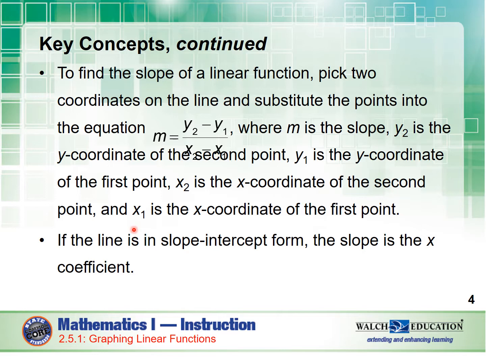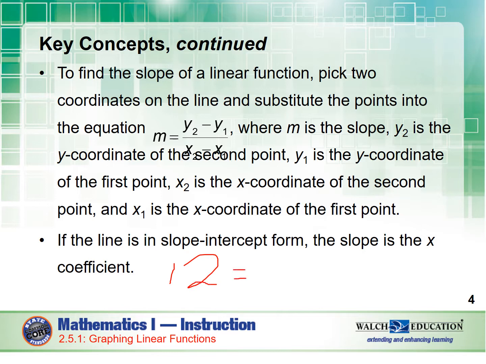If the line is in slope-intercept form, the slope is the x-coefficient. So what that means is, I'm going to just make up a number.